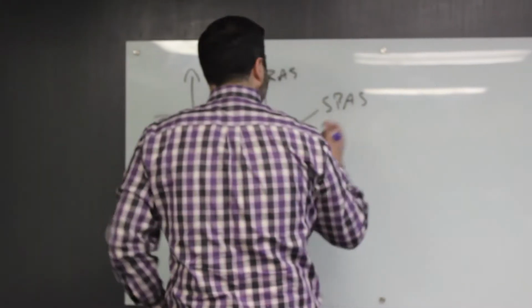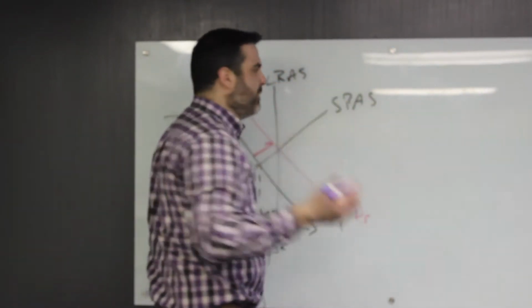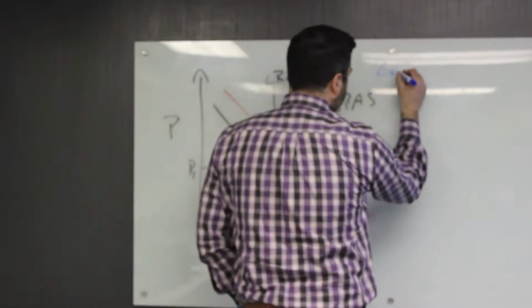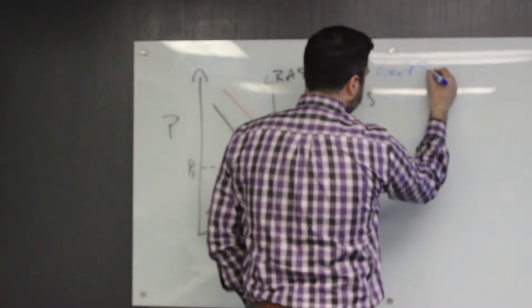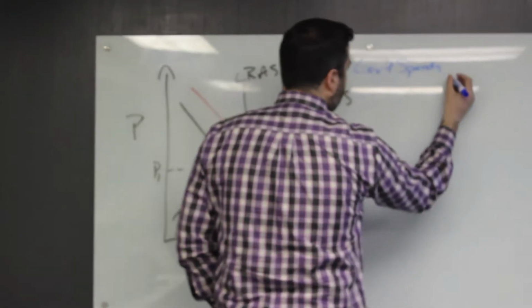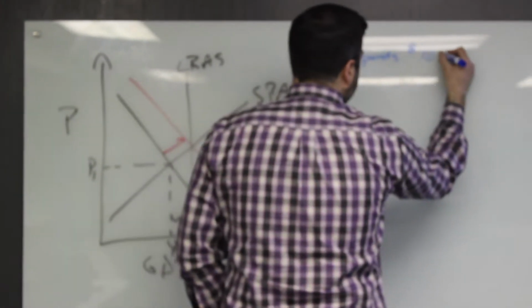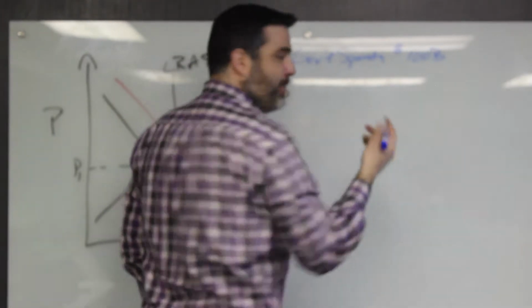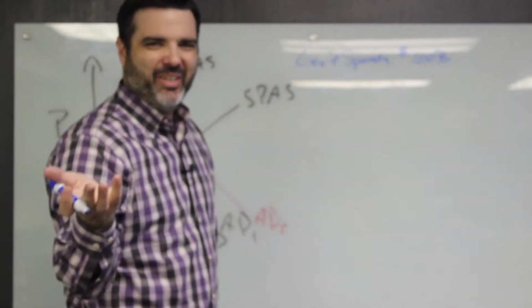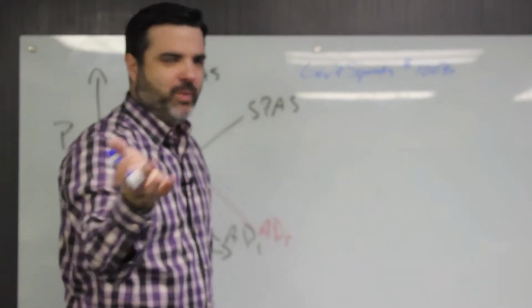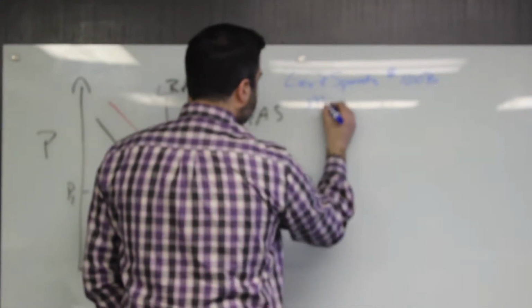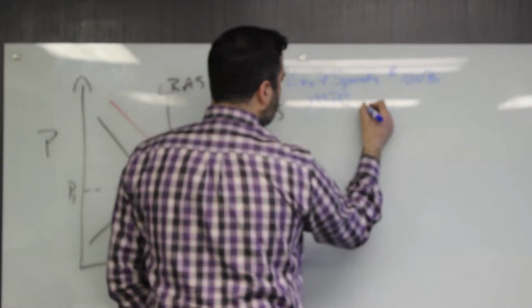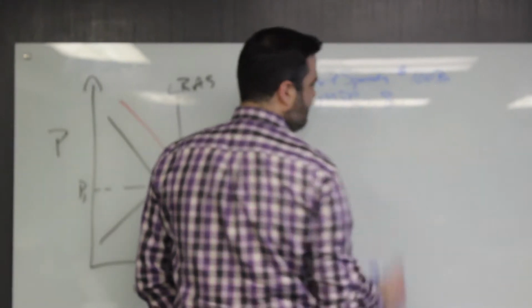Let's say the government is going to give $100 billion in government spending. And let's say we have a marginal propensity to consume of 0.8.